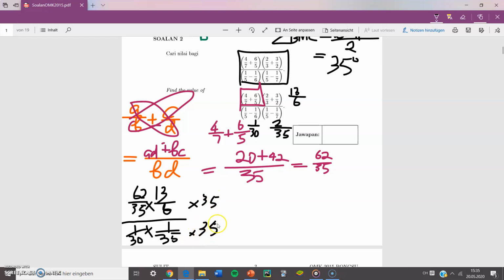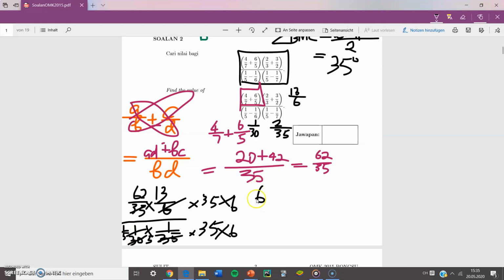We can easily eliminate two terms, so this one and this one are cancelled out. And then if we multiply both by 6, what do we have? We have this one out, so this one will leave us with a 5.